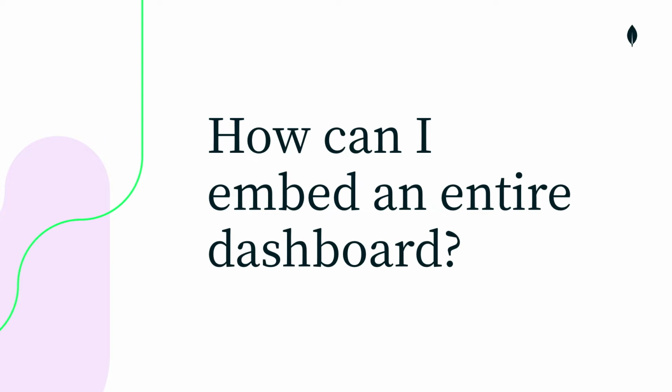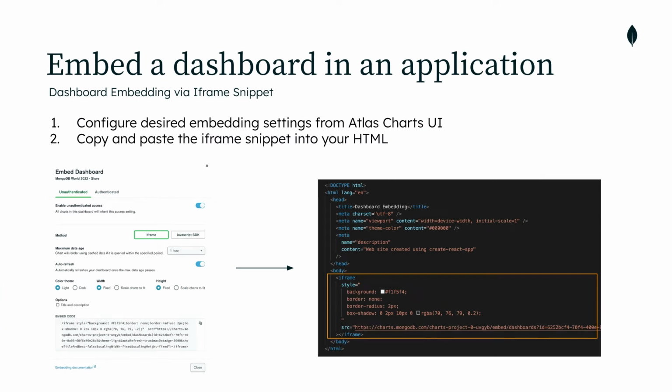How can we actually embed an entire dashboard? It comes in different flavors. I'm going to give you a very quick summary, as you're going to get your hands dirty with them very soon. The first way to embed a dashboard is through an iframe snippet.